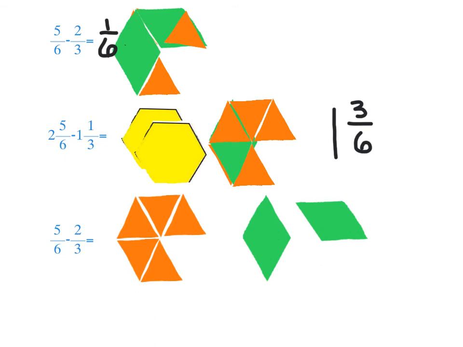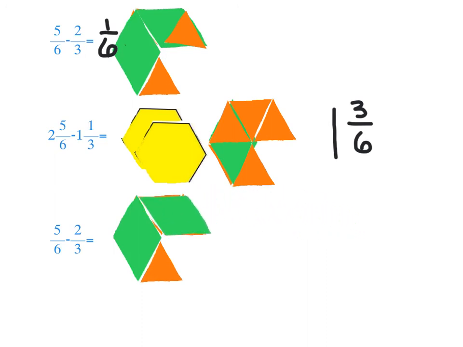Let's take a look at our problem at the bottom. We have 5/6 minus 2/3. Again, I've modeled the 5/6 with the 5 triangles. I have my 2 rhombuses there representing my 2/3. I am going to move this over here to subtract that part.